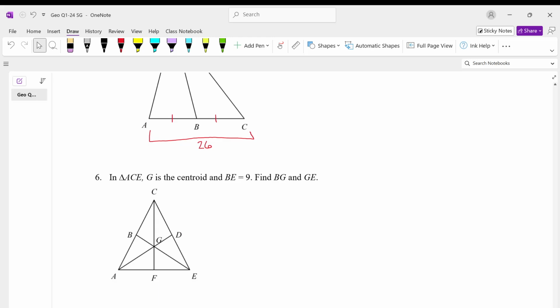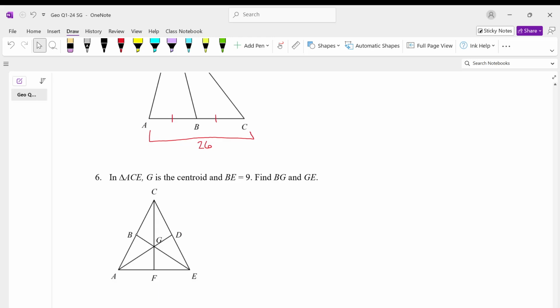In triangle ACE, G is a centroid. BE is 9.